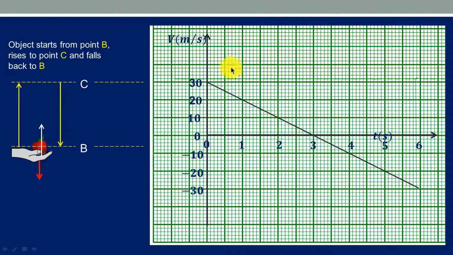So if we take upwards motion as positive, then the acceleration will have a negative value. And the whole of that, whether it is moving upwards, at maximum height, or moving downwards, the acceleration is going to be equal to minus 10 meters per second squared. Those are very important points.